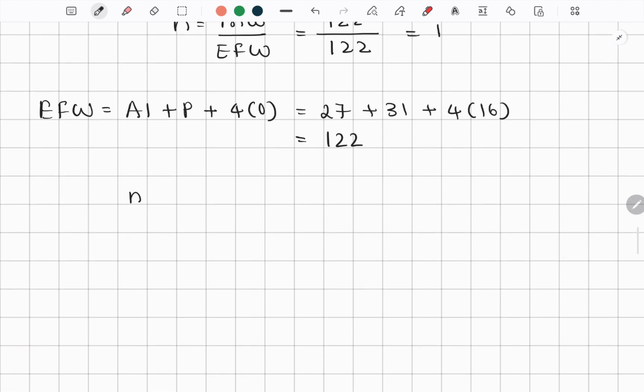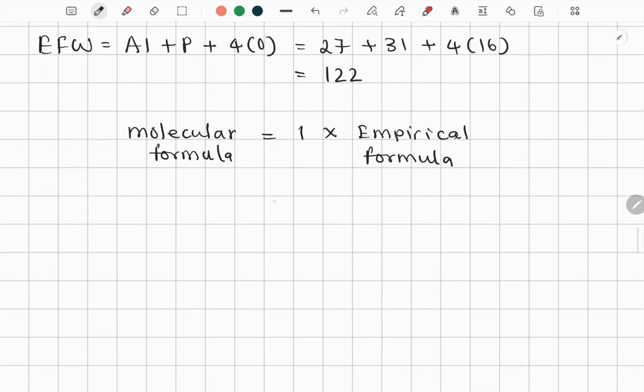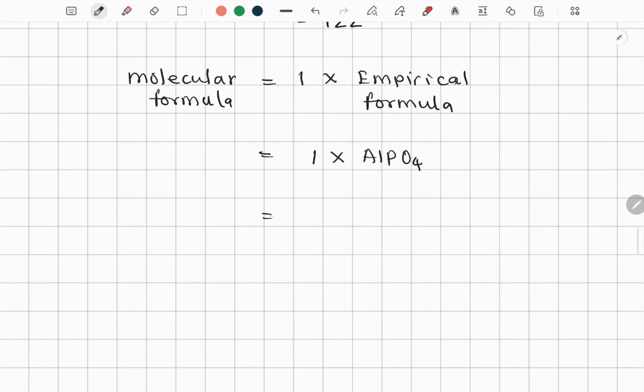That means our molecular formula is equal to 1 into empirical formula. What is empirical formula? Empirical formula is AlPO4.